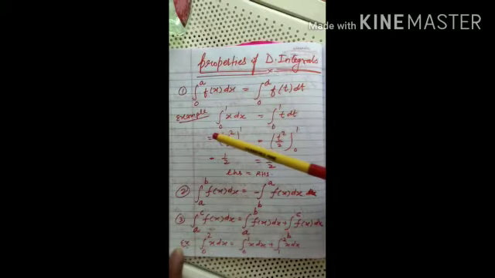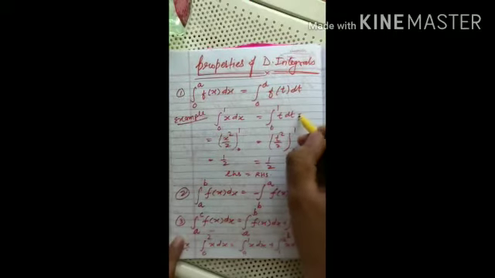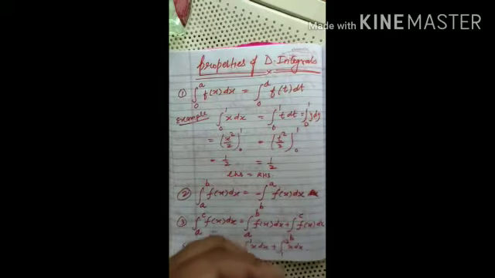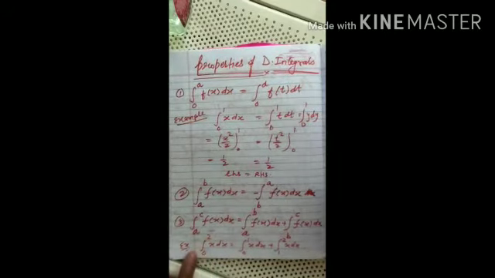For example, integration from 0 to 1 of x dx, the result will be 1 by 2. If we change the variable, 0 to 1 of t dt, or we can write 0 to 1 of y dy, in both cases the result will be the same, 1 by 2. So this is our first property.